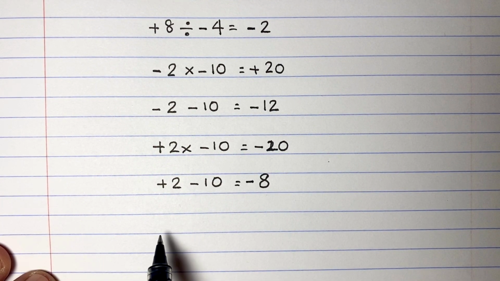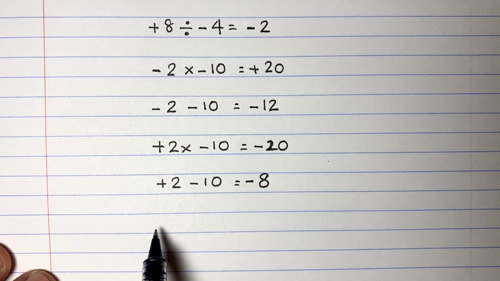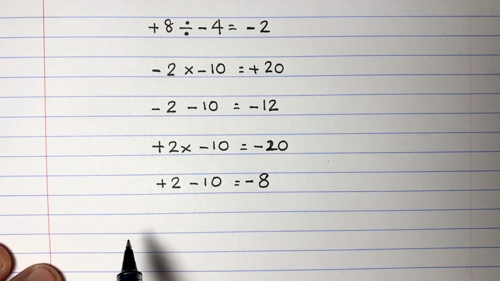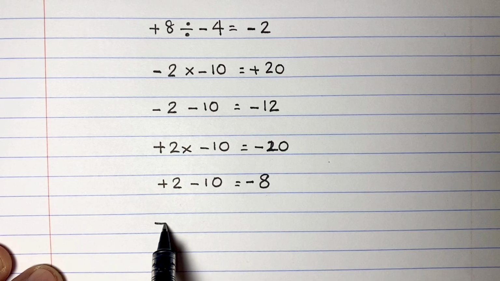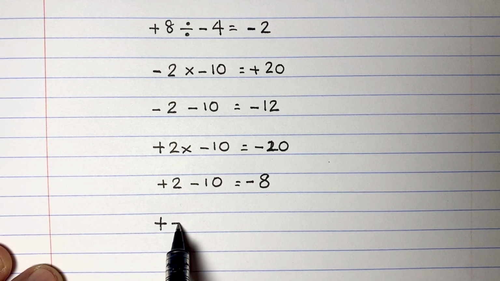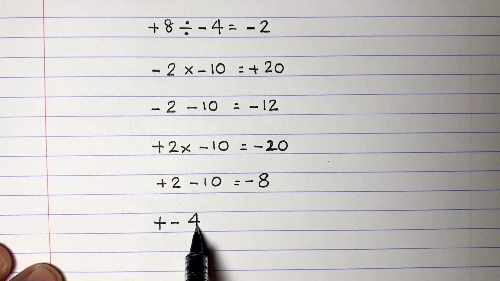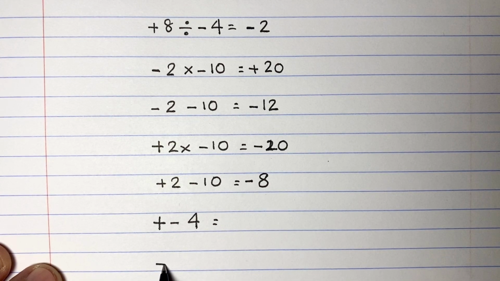Now, sometimes your numbers have double signs. For example, you have positive negative 4 or negative negative 4.